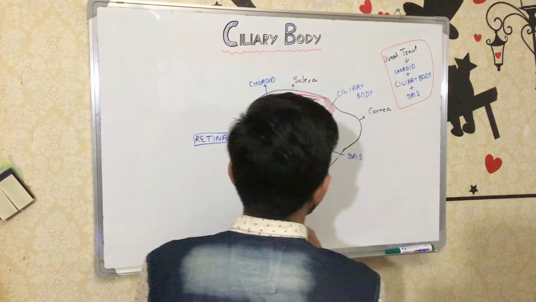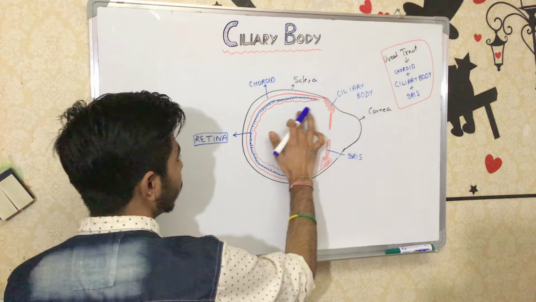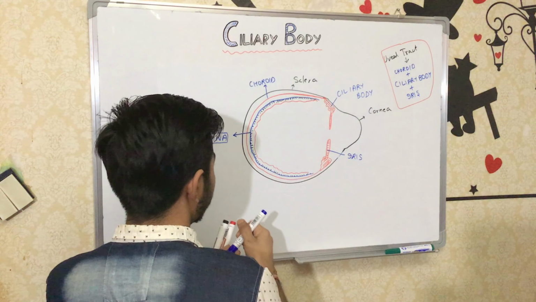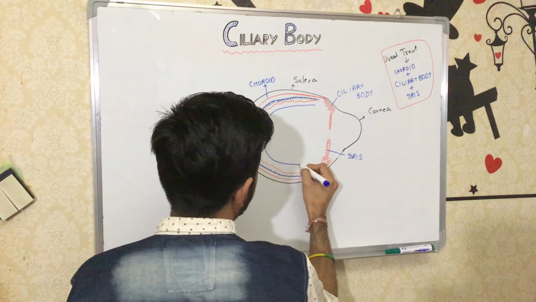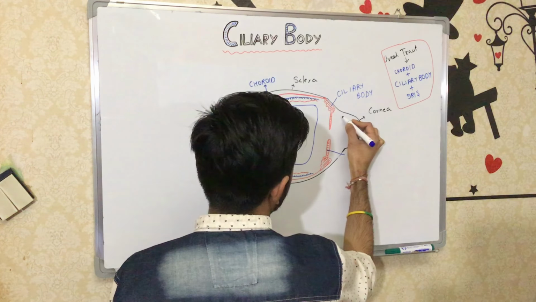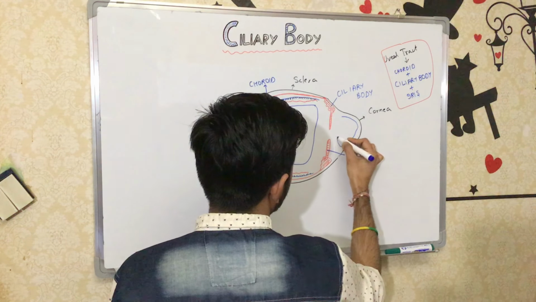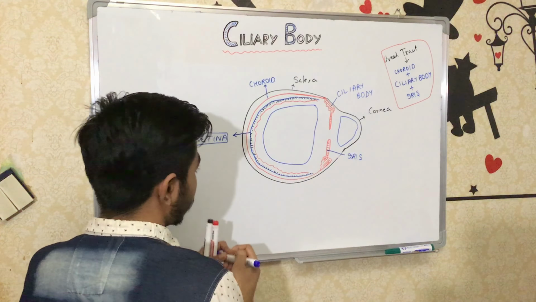And don't forget that we have another structure here: the vitreous body, where the vitreous humor is present. So this will be the vitreous body, and this will be the anterior segment, remember.